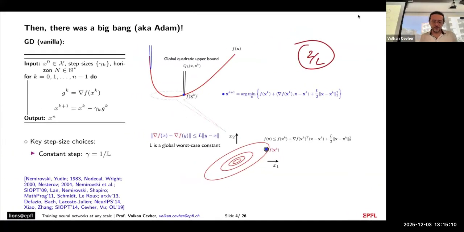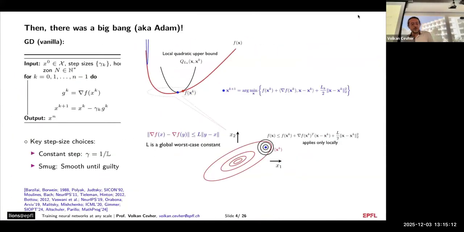Okay, good. Now, for the step size choices, when you have stochastic gradients or even deterministic gradients, the other approach is smooth until guilty. I call this the smug approach, right? Here, the idea is that you actually say, hey, I'm an optimistic person. I'm going to pick a larger step size. Until certain things happen, I'm just going to roll with it, right?